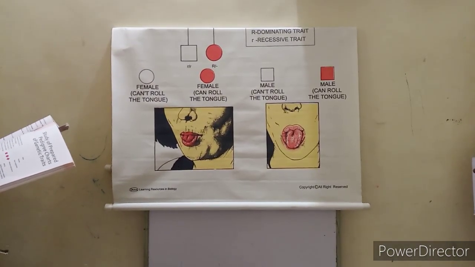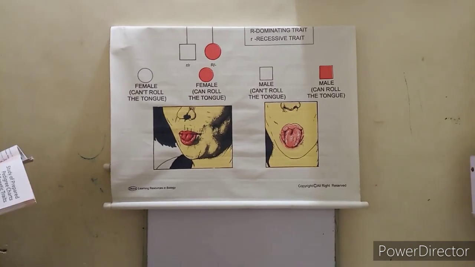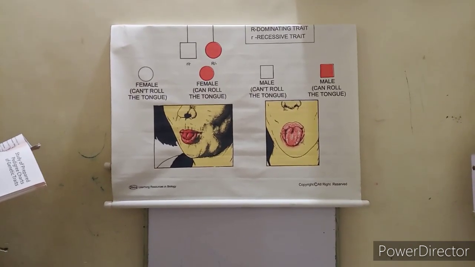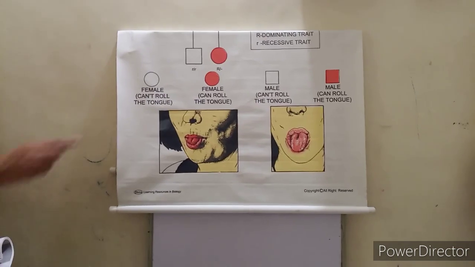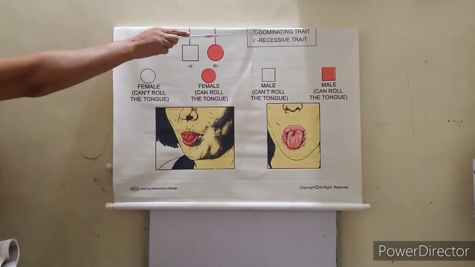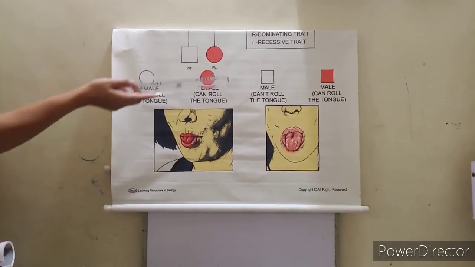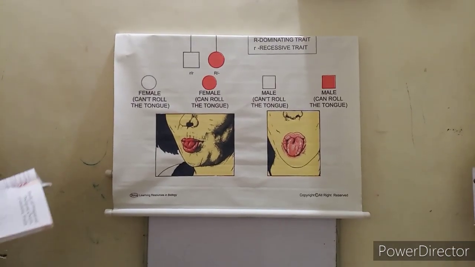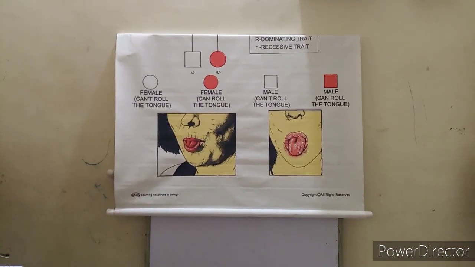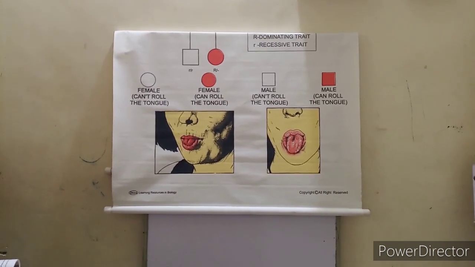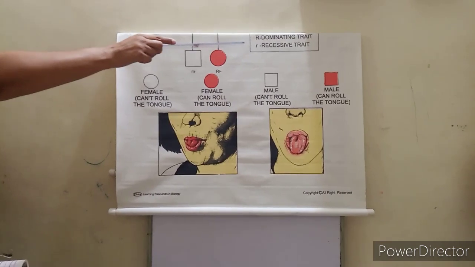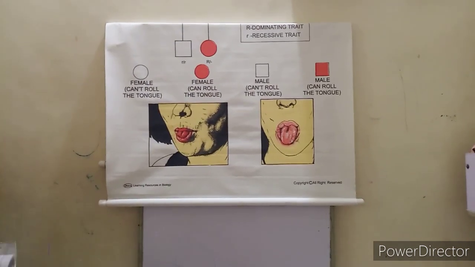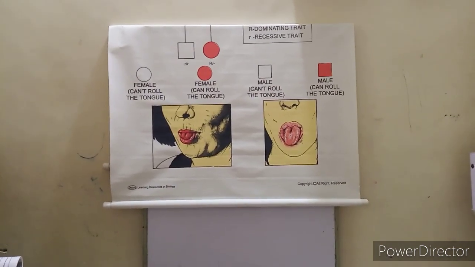If a person has the homozygous dominant condition, that is shown by two capital R, one R and one more R because we are all diploid, then the person is able to roll the tongue. And even if the person has the heterozygous condition of capital R and small r, then also the person is able to roll the tongue.